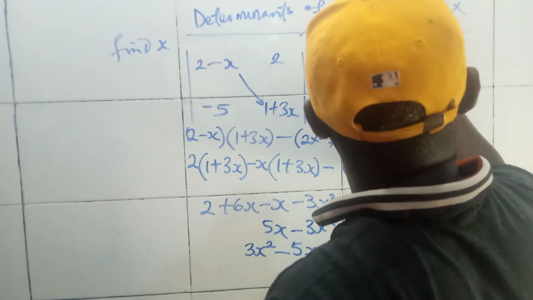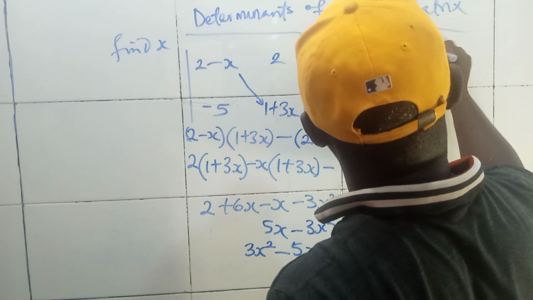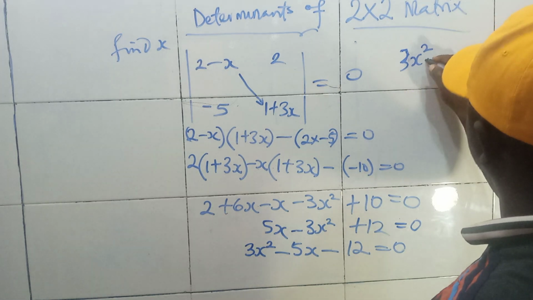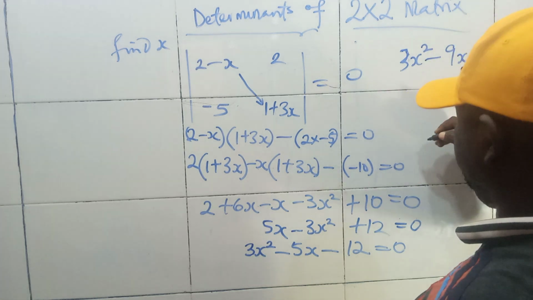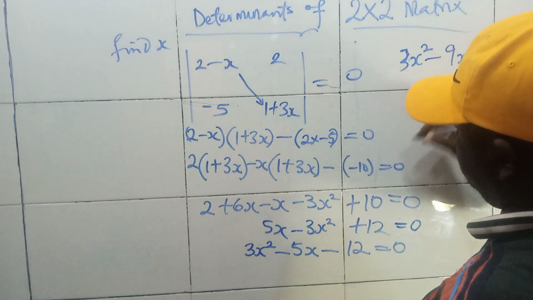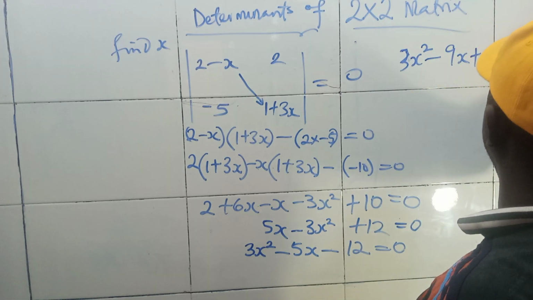So we have 3x squared, minus 9x plus 4x, then minus 12 is equal to 0.